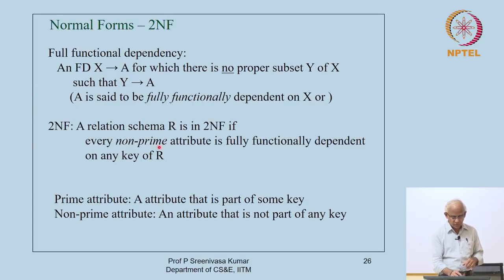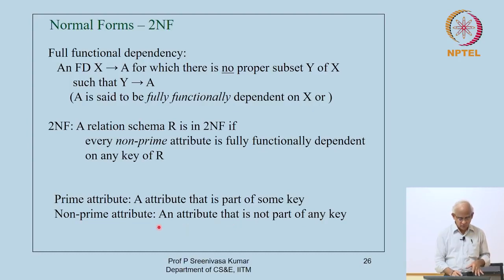Now what is non-prime? A relation may have several keys, all of them called candidate keys. An attribute that is part of some key is called a prime attribute, and an attribute which is not part of any of the keys is called a non-prime attribute.